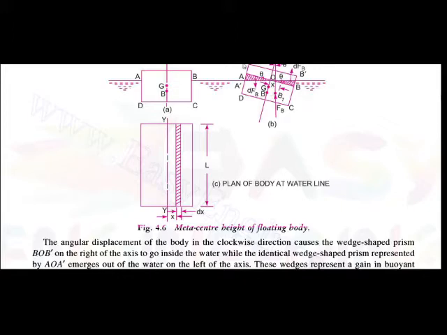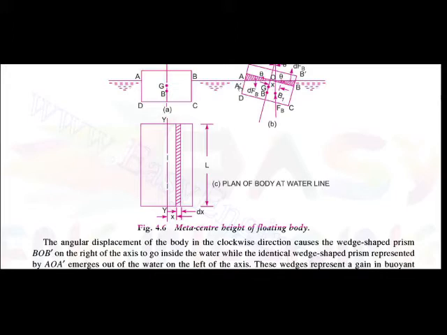Also on the left side there is another wedge shaped prism, AOA dash. The wedge shaped prism on the right side is inside the water. On the left side the wedge shaped prism AOA dash is emerging out from the water.